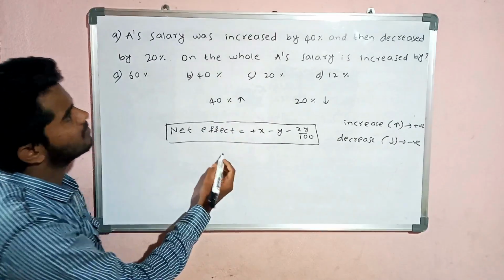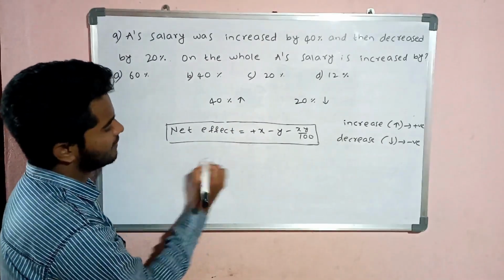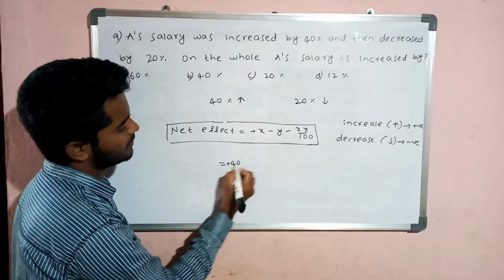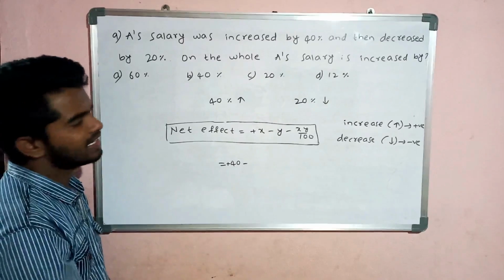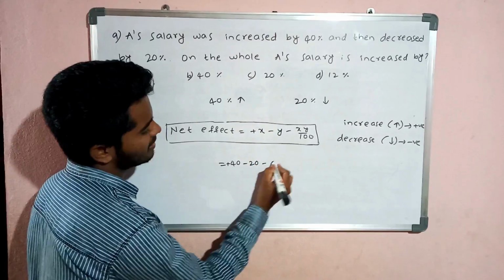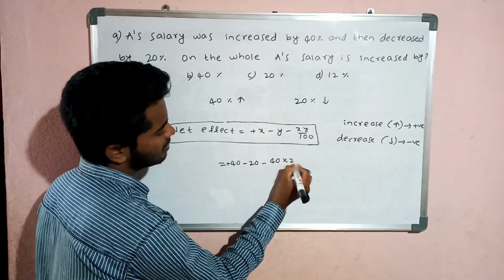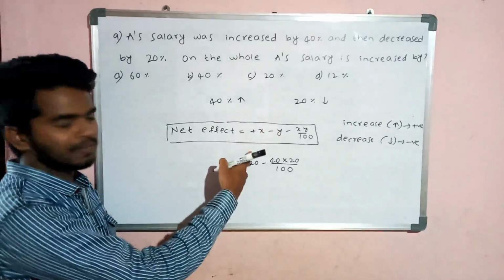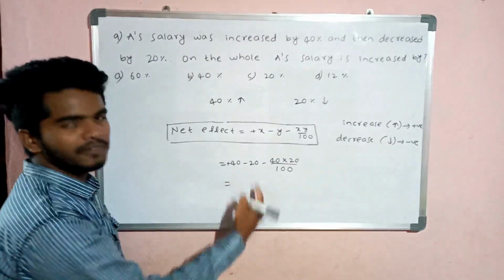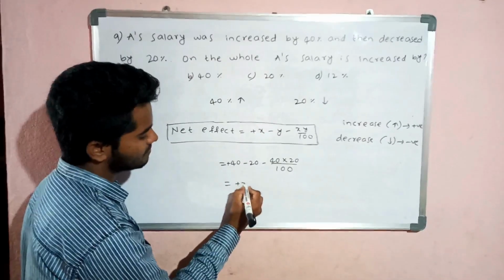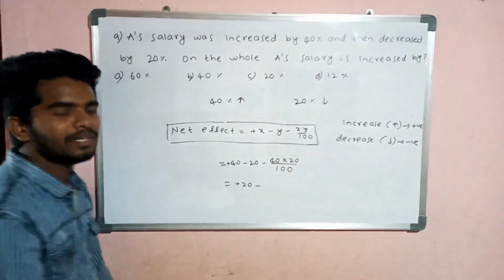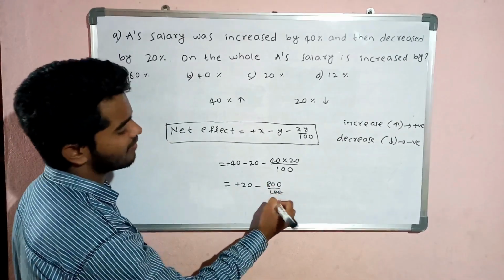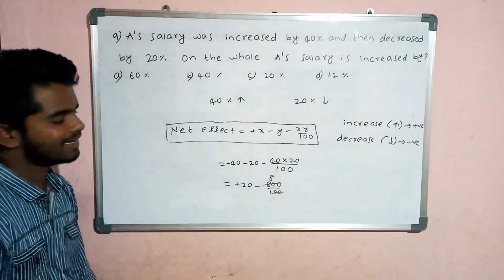So the net effect equals, X is 40%, plus 40 minus 20 minus 40 into 20 by 100 according to the formula. 40 into 20 is 800, 800 by 100 is 8.